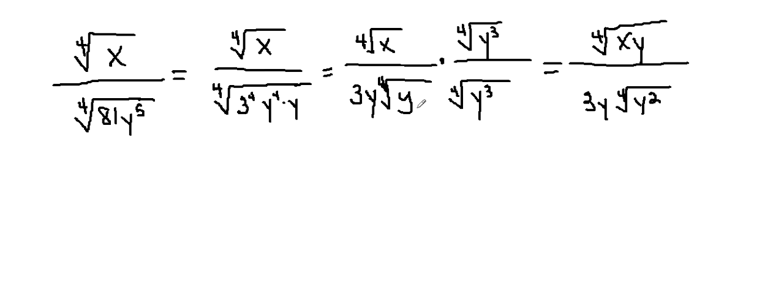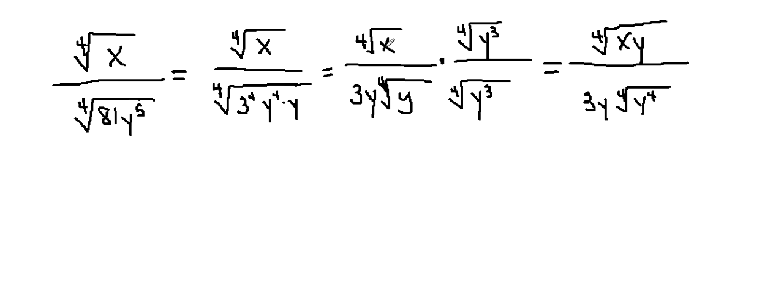Now when I multiply this across, it's going to be 3y times 1 is 3y, and then the fourth root of y times the fourth root of y cubed is the fourth root of y to the, not squared, but to the fourth. I want that to be to the fourth. So let me get rid of that and mark it up as 4. That's much better.